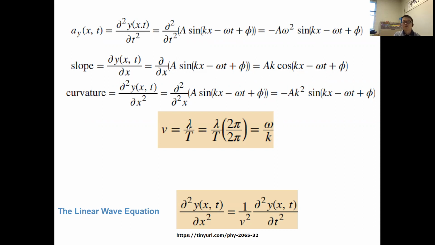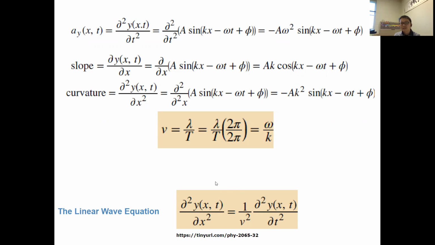So v equals lambda over T. If you take the ratio of this to that, it becomes v squared. So the double derivative of the wave function with respect to t equals v squared times the double derivative of the wave function with respect to x.